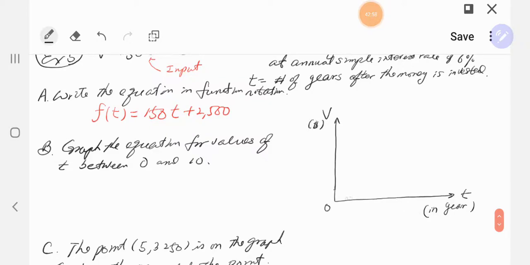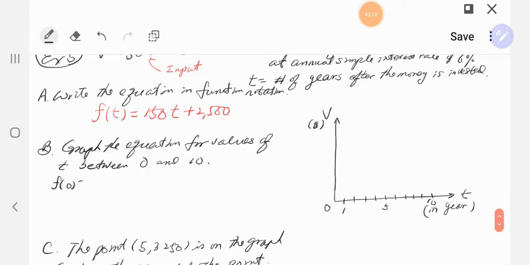So we have 1, 2, 3, 4, 5, 6, 7, 8, 9, 10, and so on. From this, we need the y value, the output. So let's try to find the output.